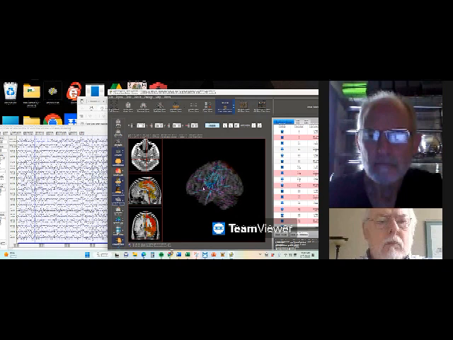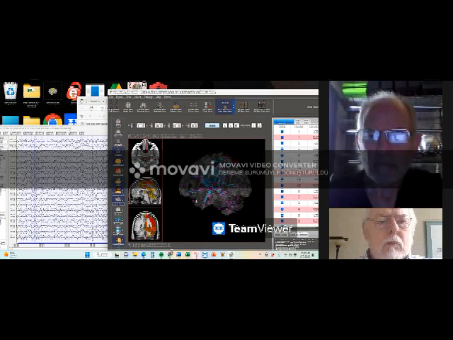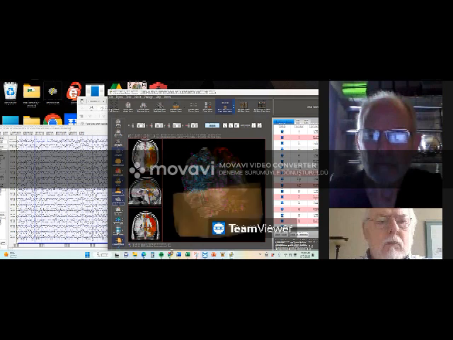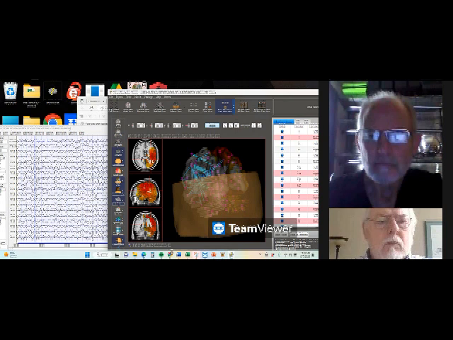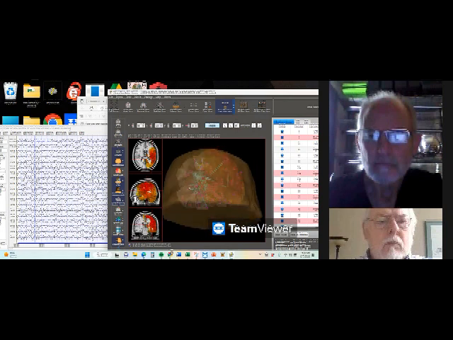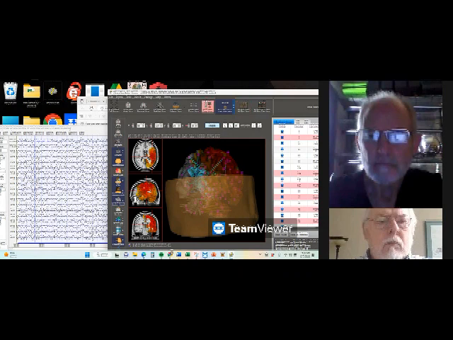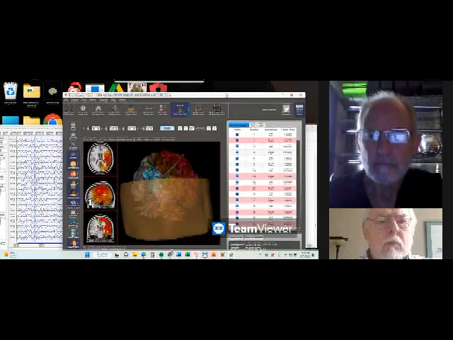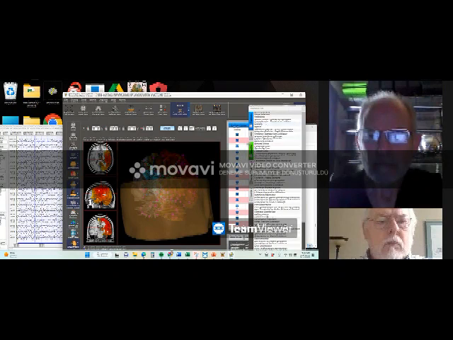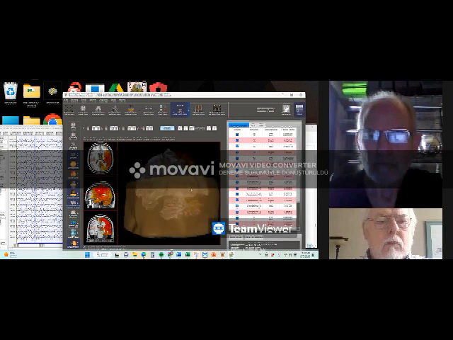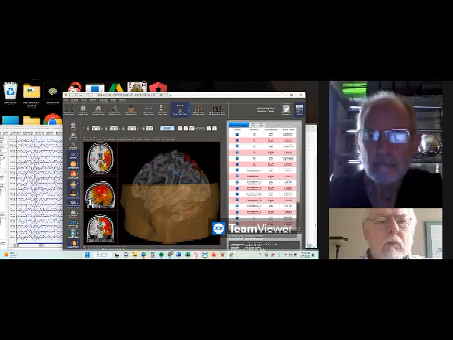So that focal event is in the left temporal lobe. And the network I'm using, we go to networks, the dorsal attention network.